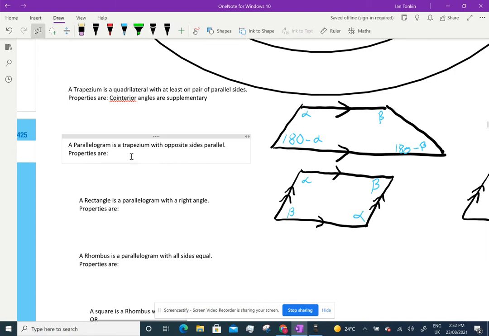Opposite angles are equal. Also, this side and this side must be the same length because they're the same distance apart, and this side and this side must be the same length because they're the same distance apart. So opposite angles are equal, opposite sides are equal.